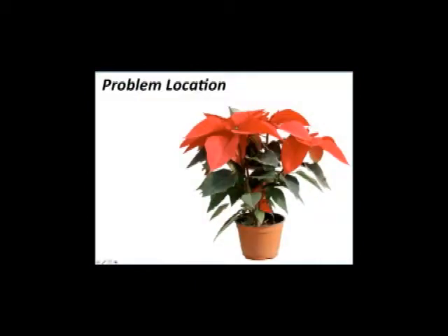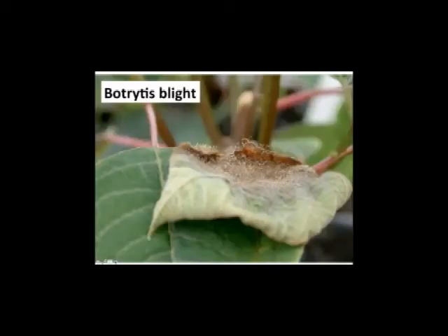Next slide. So let's go ahead and talk about overall diseases as well. This is going to mainly be botrytis as well as Xanthomonas and powdery mildew. So botrytis blight is, again, problematic.